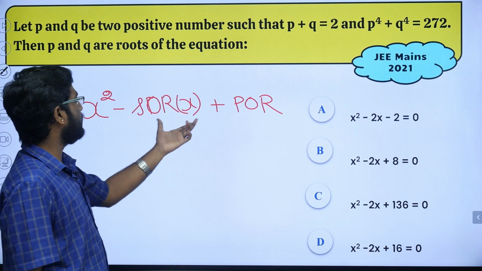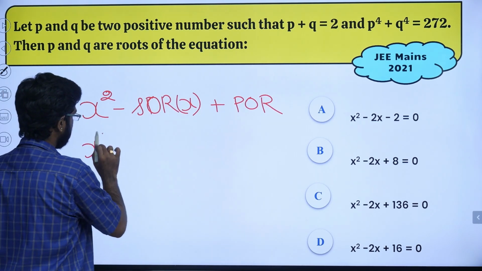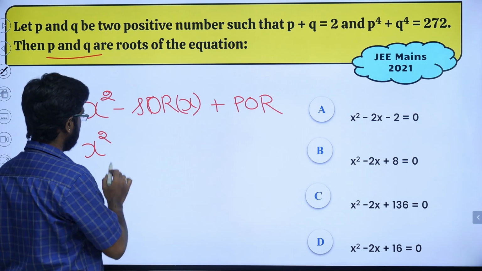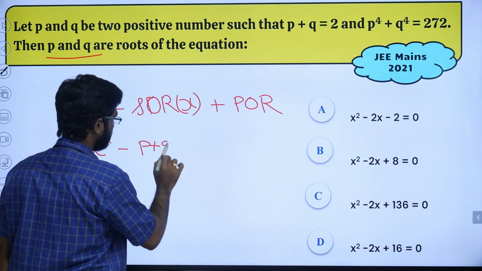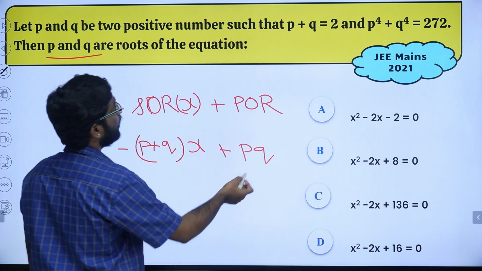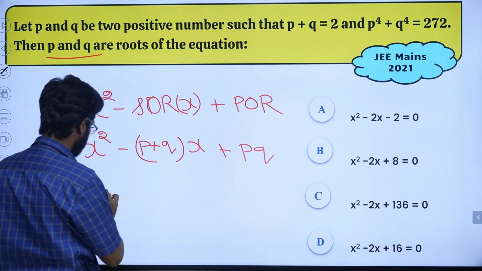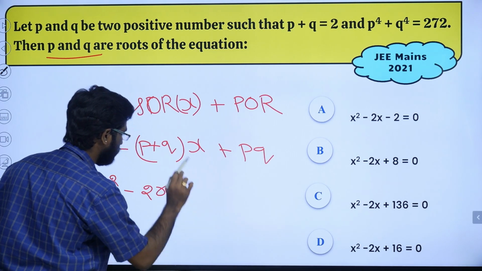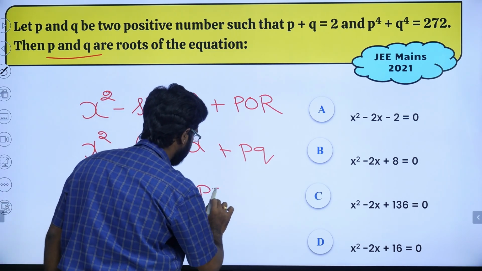Here the sum of the roots is what? They have said P and Q are the roots of the equation. So x square minus (P plus Q) x plus P into Q. So already they have given P plus Q, so x square minus 2x plus PQ.